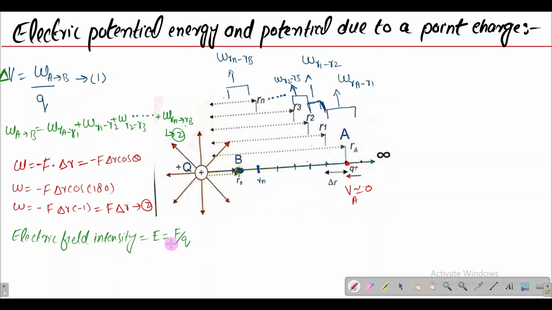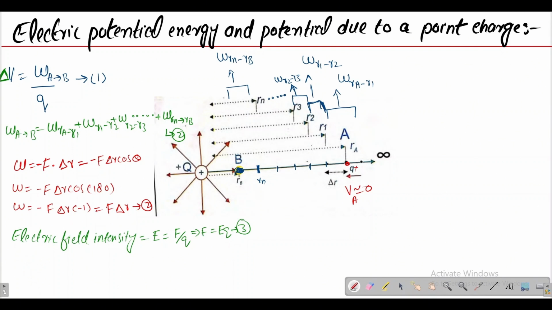So from this we can write that F is equal to E Q. This is equation 3. Put equation 3 in 2. So here put the value of F in equation 2.